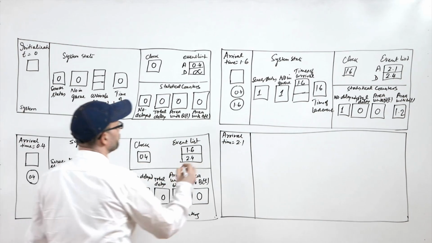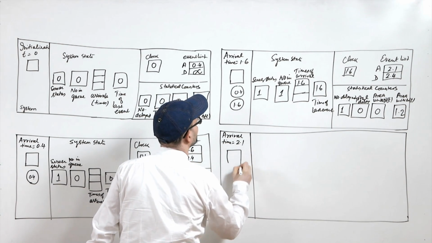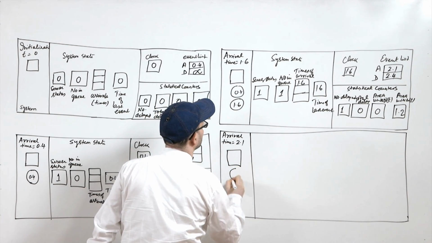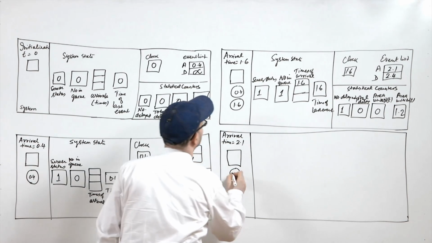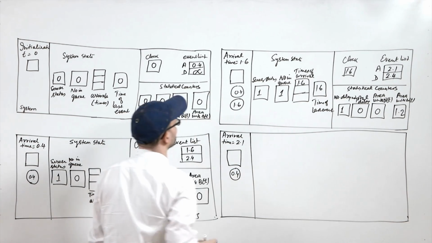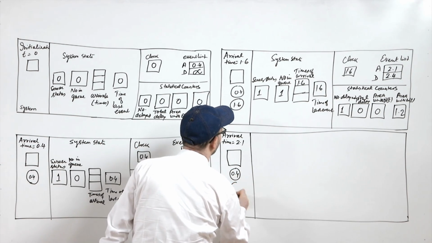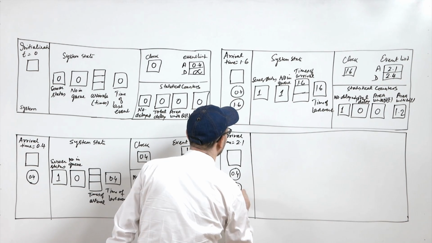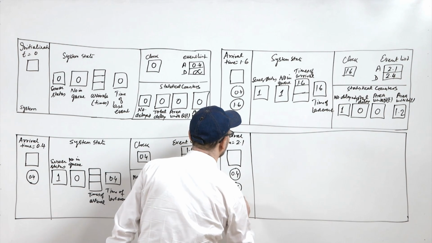So, the system looks like this: you have the server, in front of it you had one customer, the first customer at 0.4, the second customer came at 1.6, and the third customer has come at 2.1.